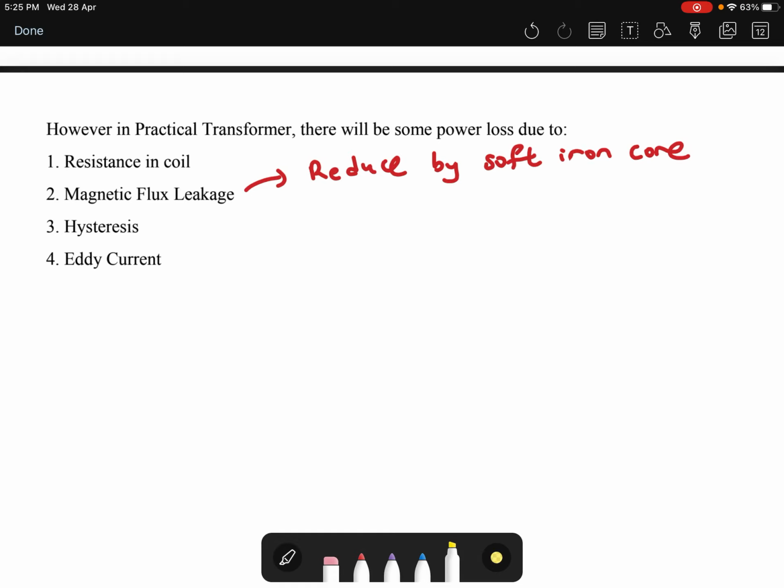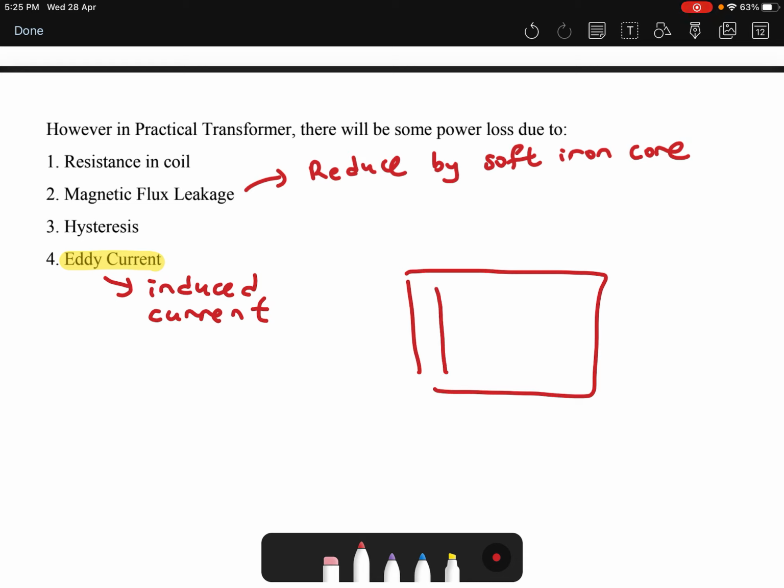Last but not least is your eddy current. Eddy current is something like your induced current. For your AC, the magnetic field keeps on changing, which means that there will be an induced EMF inside your transformer, your soft iron core.